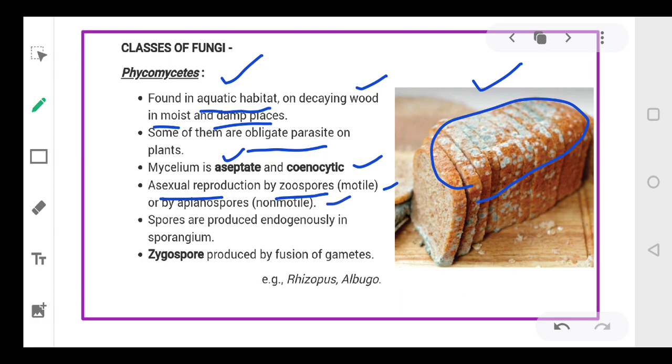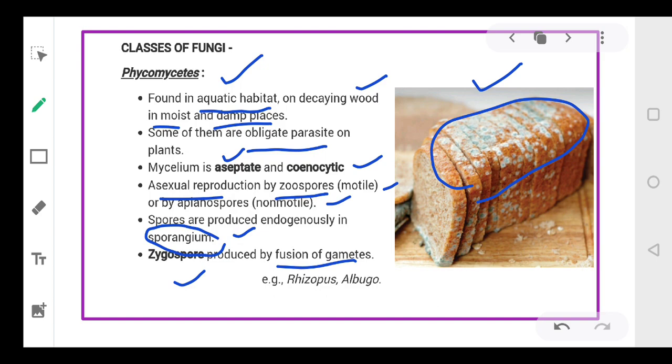Spores are produced in the sporangium. So spores are present in a structure called the sporangium. They also reproduce by formation of zygospores, which are formed by the fusion of 2 gametes. So we can call it sexual reproduction.